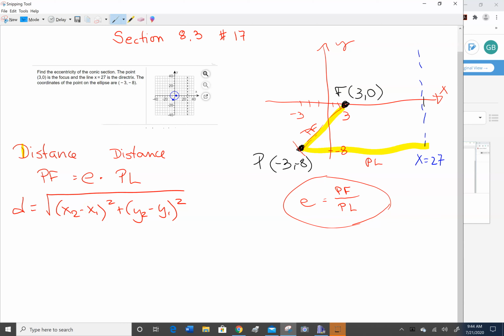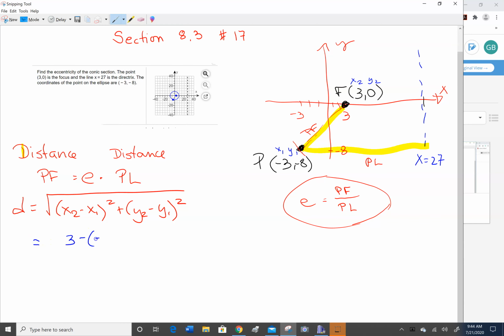So let me label this: this is x1, this is y1, and then that would be x2, and this is y2.